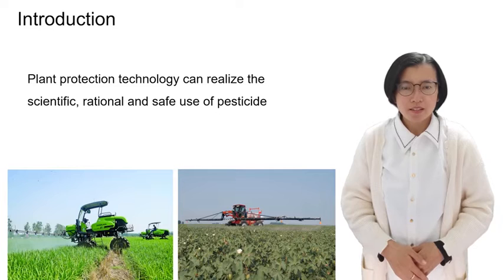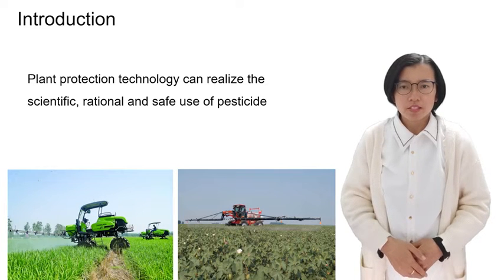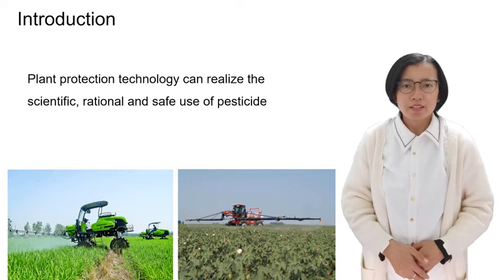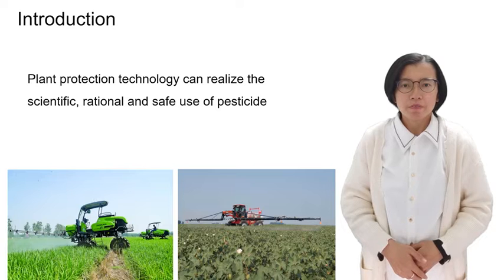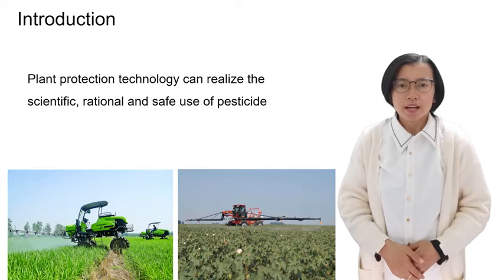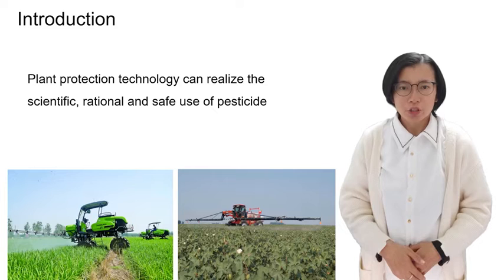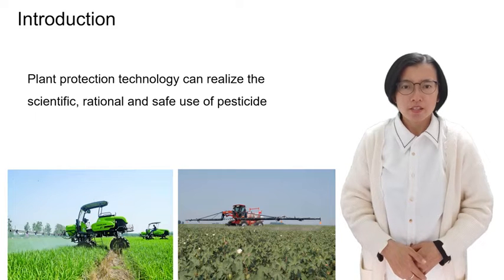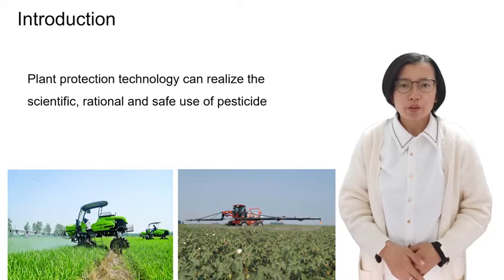Plant protection technology can realize the scientific, rational, and safe use of pesticide. It controls pesticide and pesticide toxin residue in the production process, which is an effective way to vigorously promote the quality and safety of agricultural products, and also the ecological environment safety.